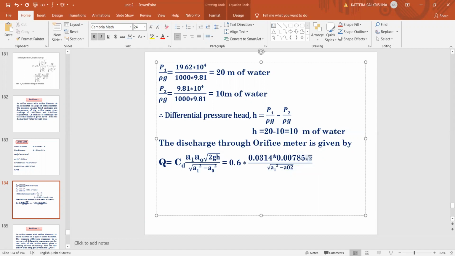So 2 into 9.81 into H, which is 10 meters. Divided by A1, I am using the same value here, 0.0314.